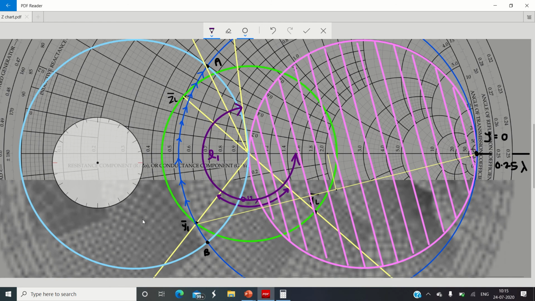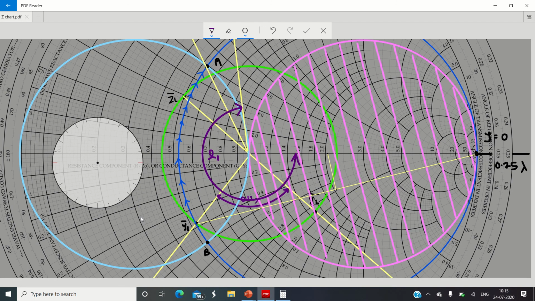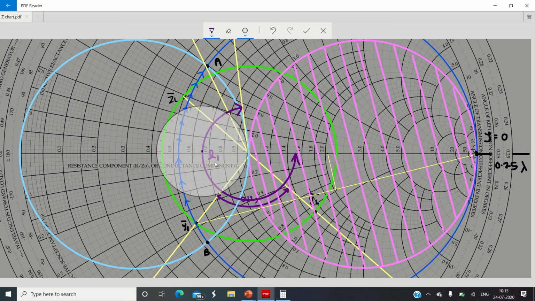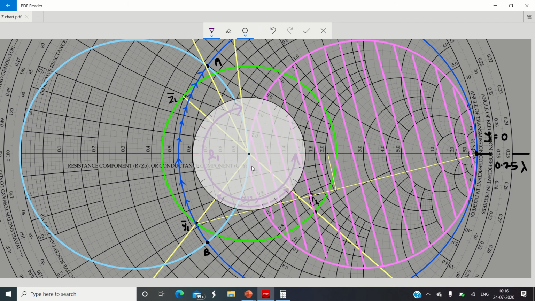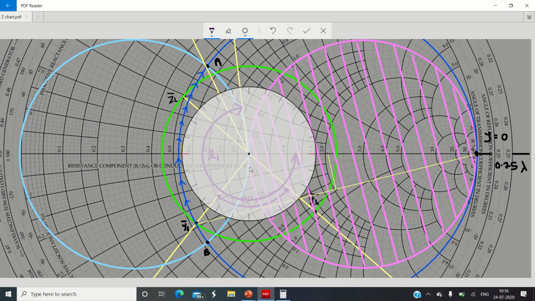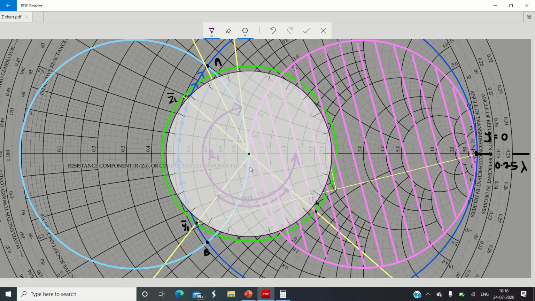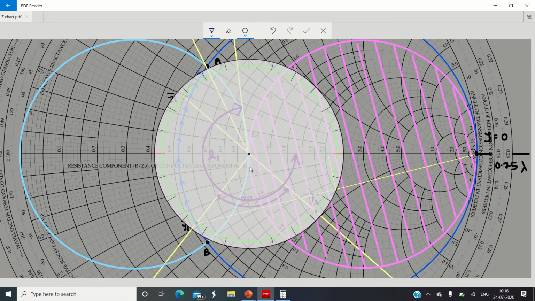What we need right now is to draw another VSWR circle which passes through point A. Take the compass and put the metallic part of your compass at the center of the Smith chart. Take the distance in your compass from the center of the Smith chart to point A, in this way.